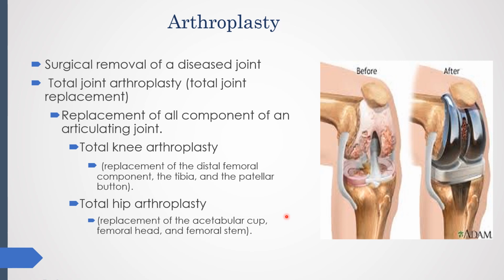In some fractures, like a fracture of the femoral neck of the hip, of the leg, there may be interruption of the blood supply causing vascular necrosis, which is death of tissue due to insufficient blood supply to that area.